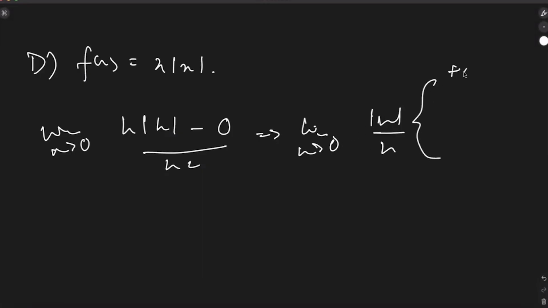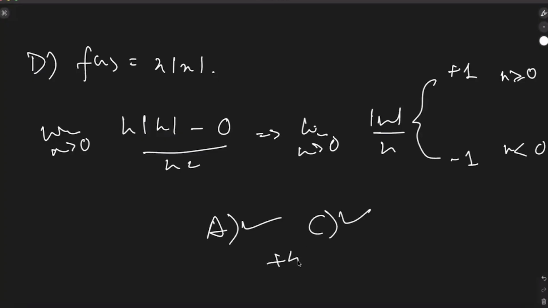It can be +1 and it can be -1. +1 where h is greater than 0, and -1 for h being less than 0. For h equal to 0, there will be a different concept. So option D is also not correct. So we have found the solution: A is correct and C is correct.